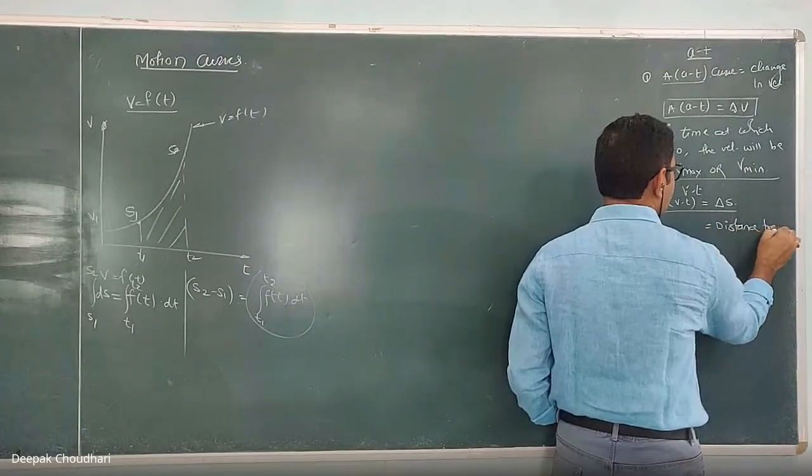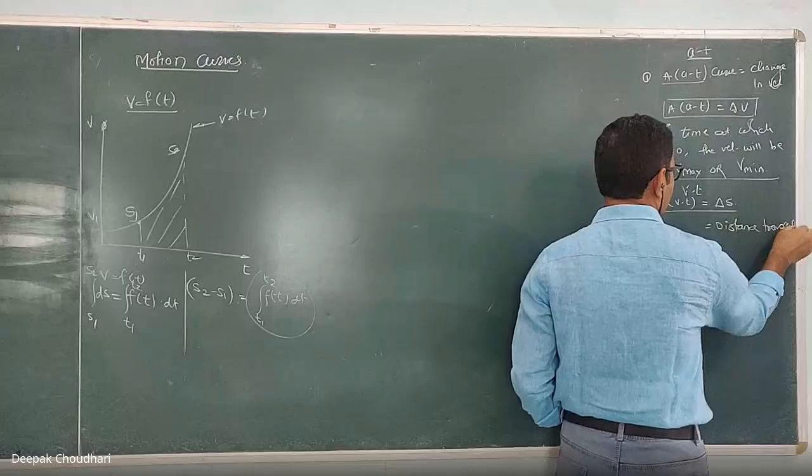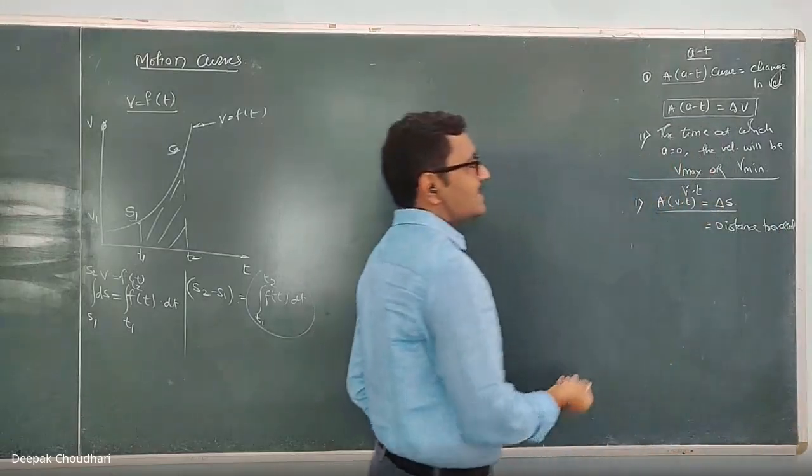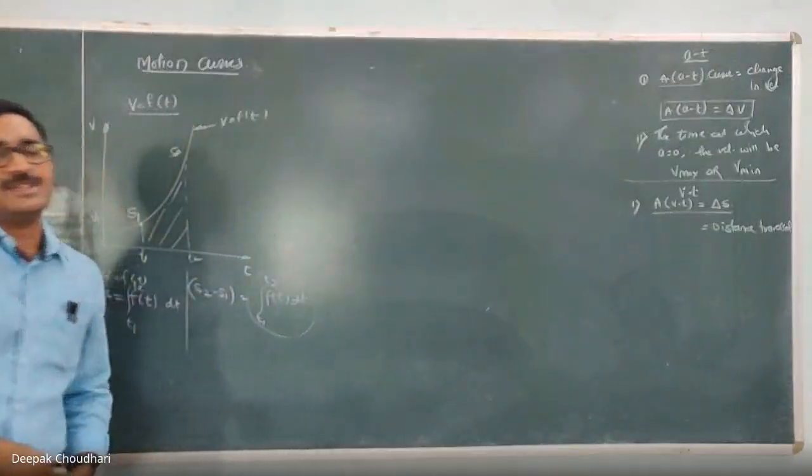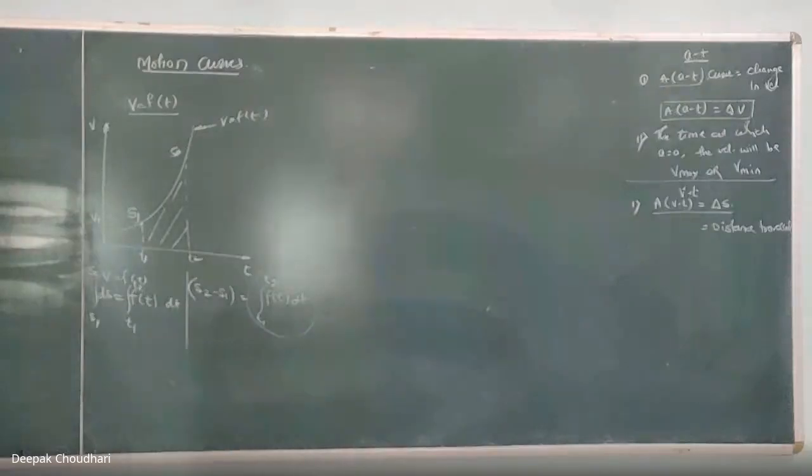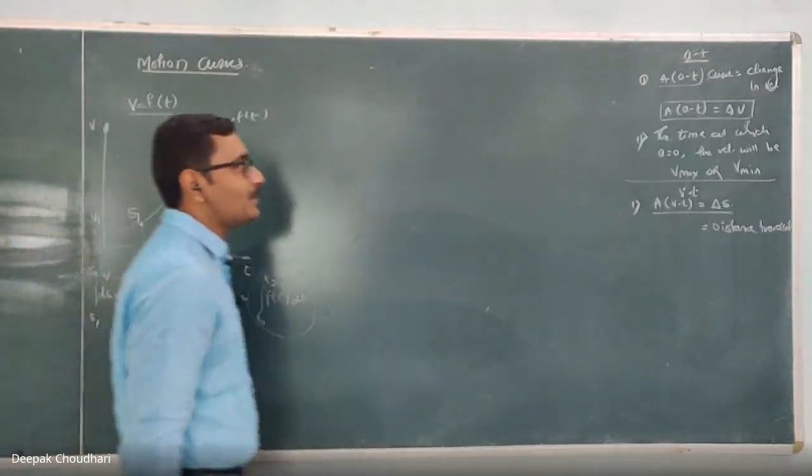So we can say that the area under VT diagram is the change in displacement, or you can say that it is the distance traveled by the particle in that interval of time. Okay, the first property of the VT diagram.